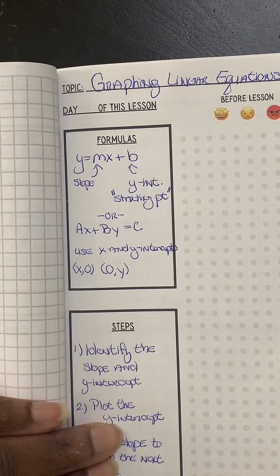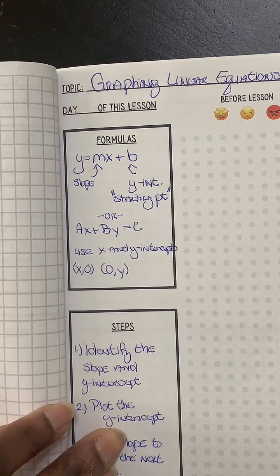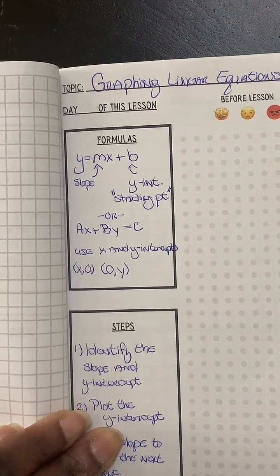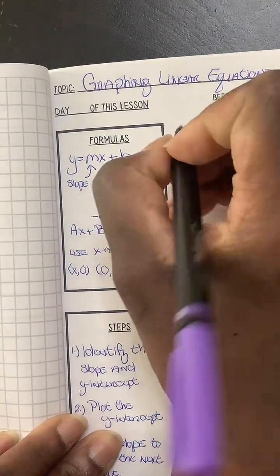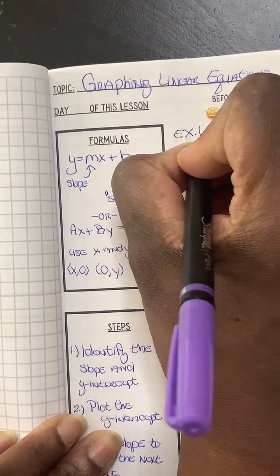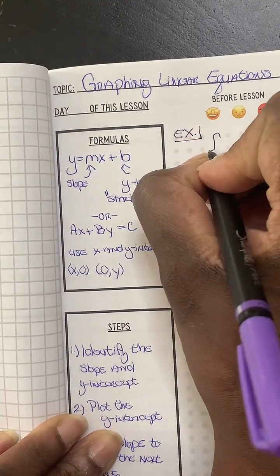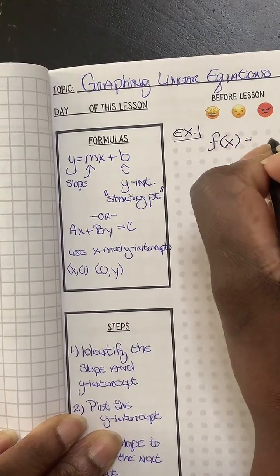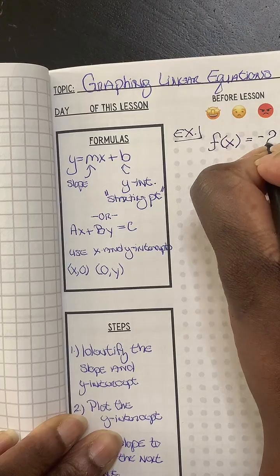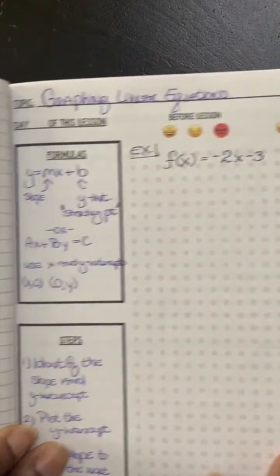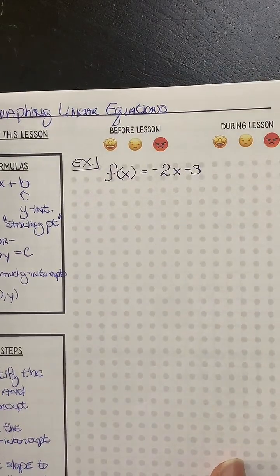All right, so now if we have our first equation, and since we're looking at functions, I'm going to try to remember my f of x. So f of x equals negative 2x minus 3.